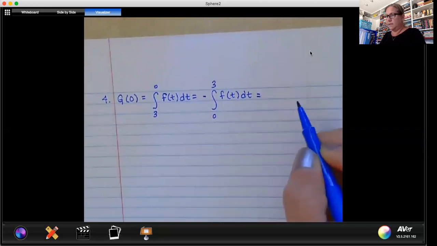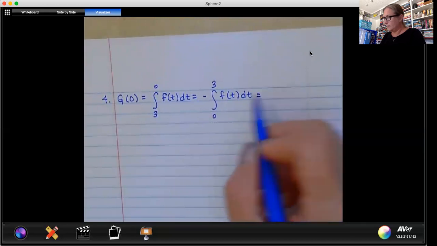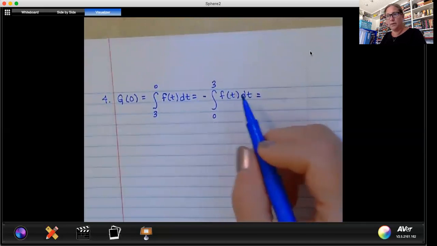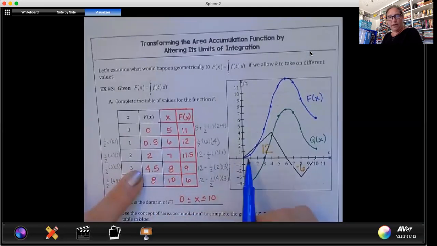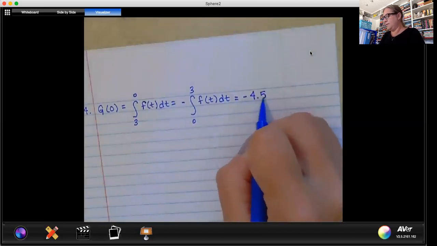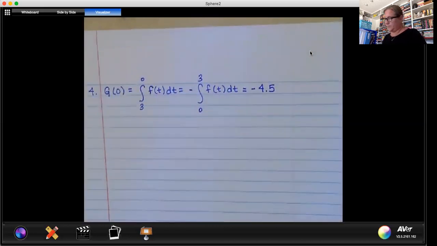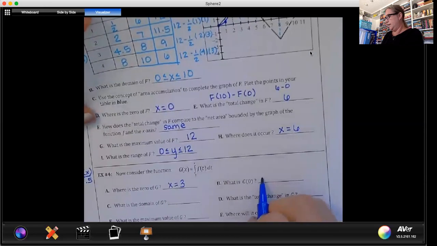So the integral from 0 to 3, which we found in the upper part, we said was 4.5. 0 to 3 was 4.5. So this one is negative because your bounds were switched. So g of 0 is negative 4.5.